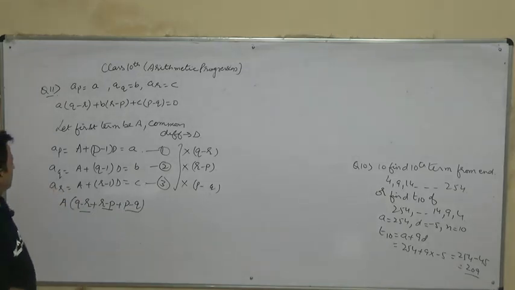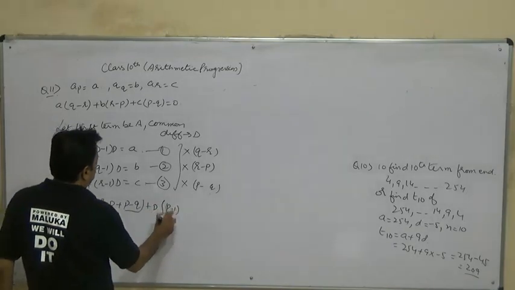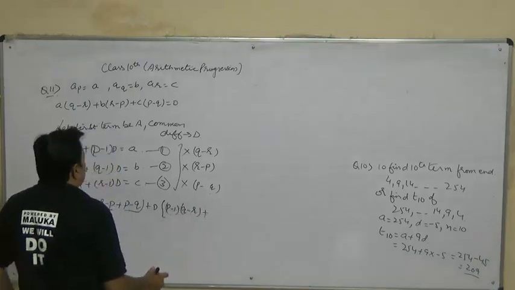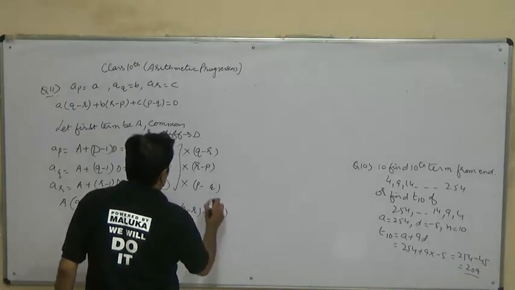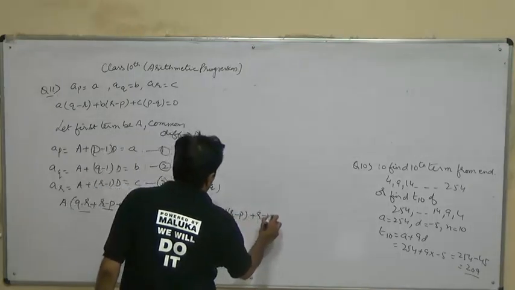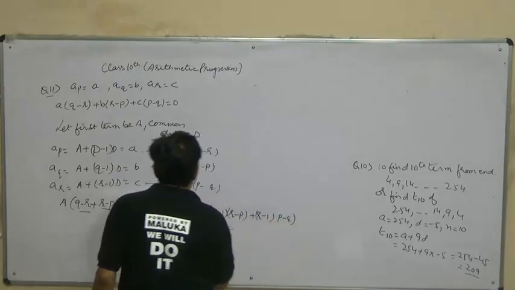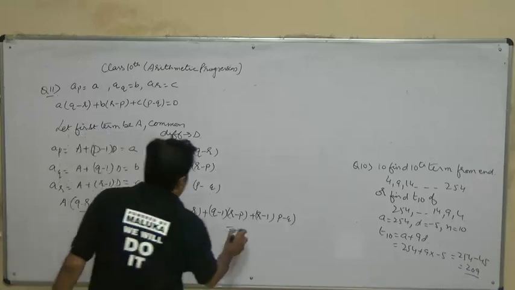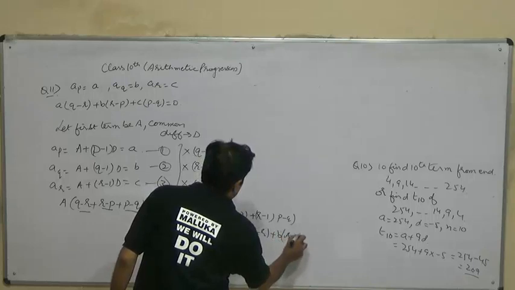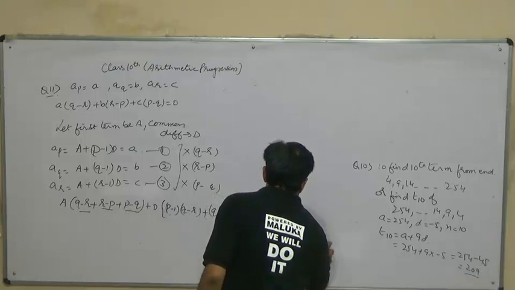Then next is take D common, so you will get (p minus 1) into (q minus r), (q minus 1) into (r minus p), and (r minus 1) into (p minus q). And on the right hand side, what do we get here? a into (q minus r), b into (r minus p), and c into (p minus q).